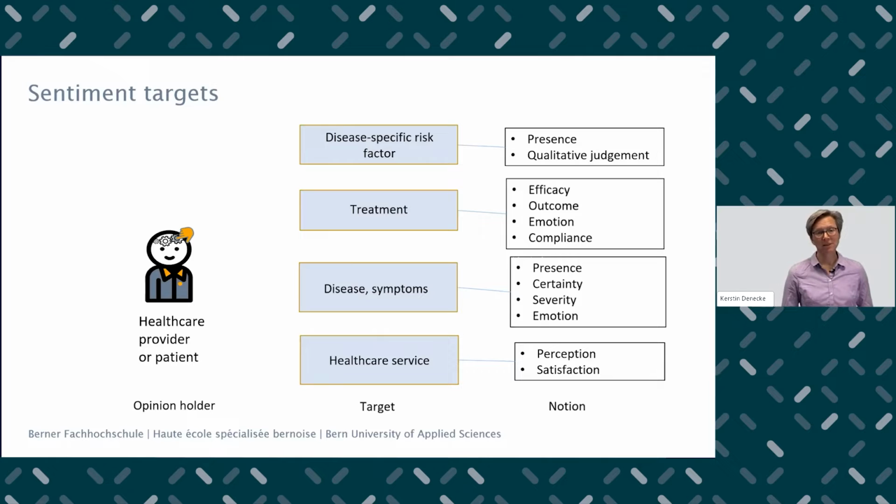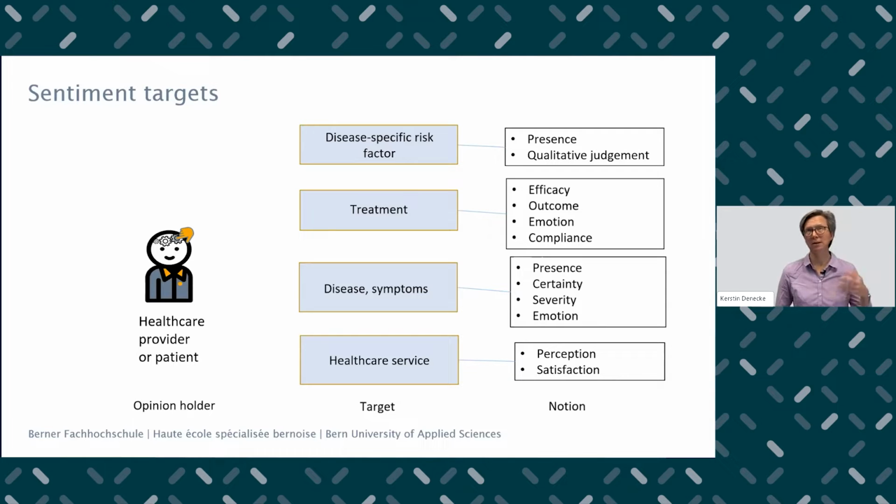Then another sentiment target might be the treatment. There we can make statements about the efficacy, about the outcome, whether the outcome was good or not. And about the treatment, we can also find information about compliance, in particular in social media data. Then other sentiment targets concern diseases or symptoms which might be present.